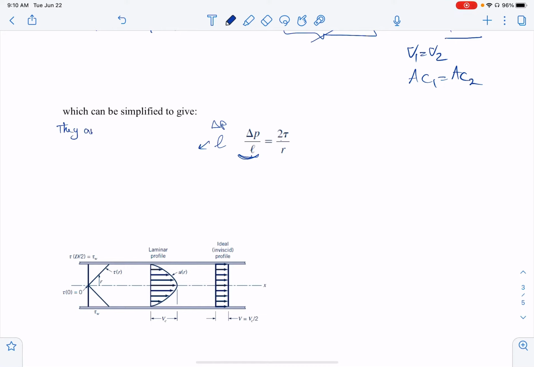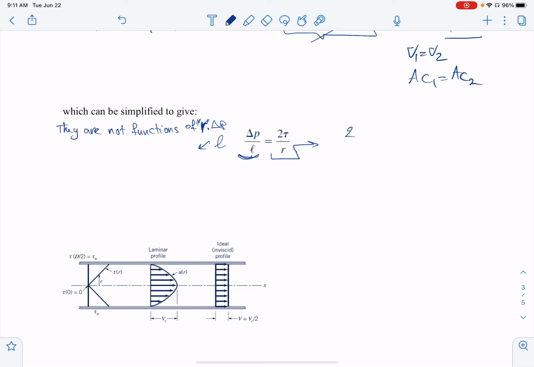They are not functions of R. So then if the left hand side is not function of R, the right hand side should be independent of R as well, right?